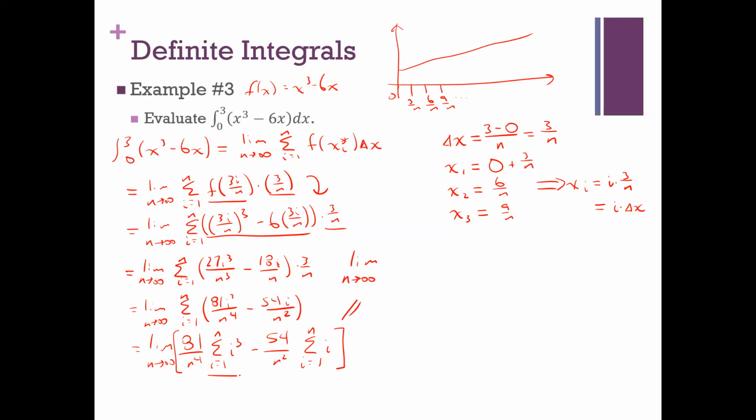What is this summation equal to if I add up together the first n I cube numbers? Someone write that down? But it's n times n plus. Like that, right? Yes. Minus 54 over n squared times, help me out again.